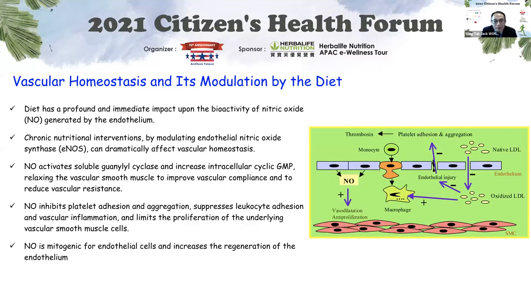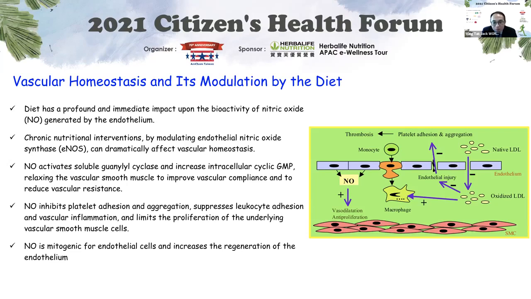Diet indeed has a profound and immediate impact upon the bioactivity of nitric oxide generated by the endothelium. Chronic nutritional interventions by modulating endothelial nitric oxide synthase (eNOS) can dramatically affect vascular homeostasis.